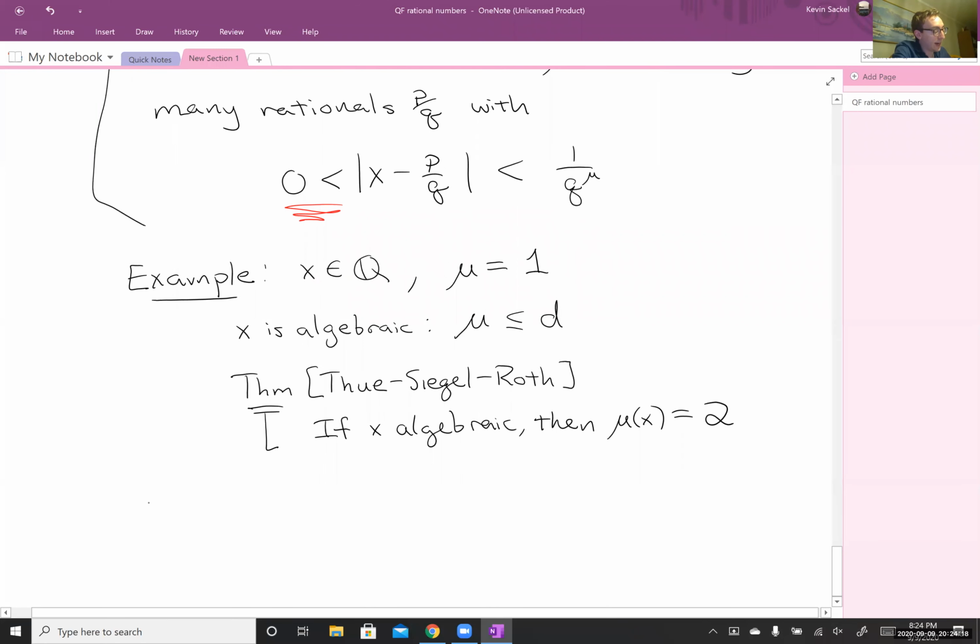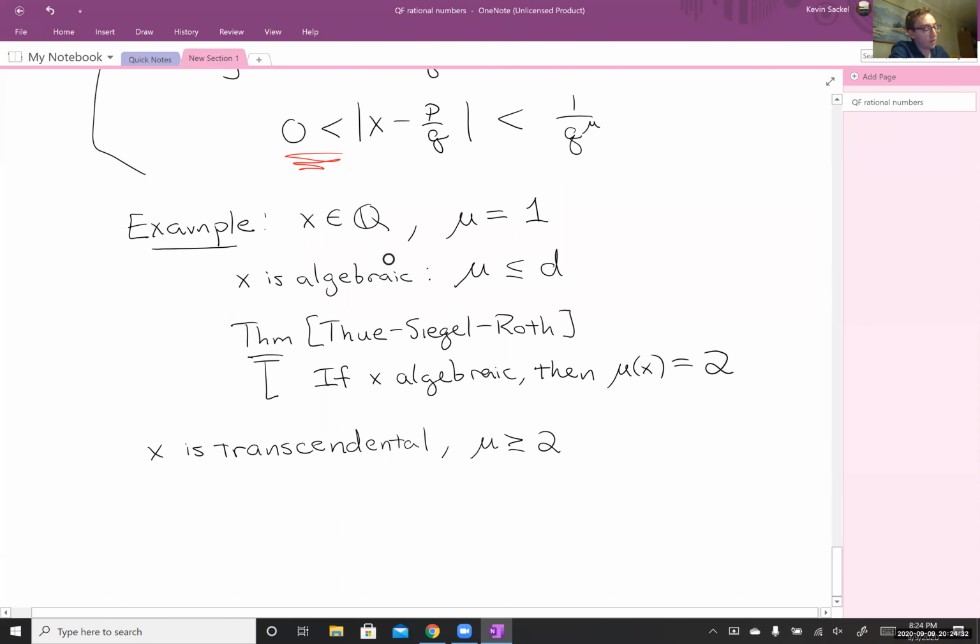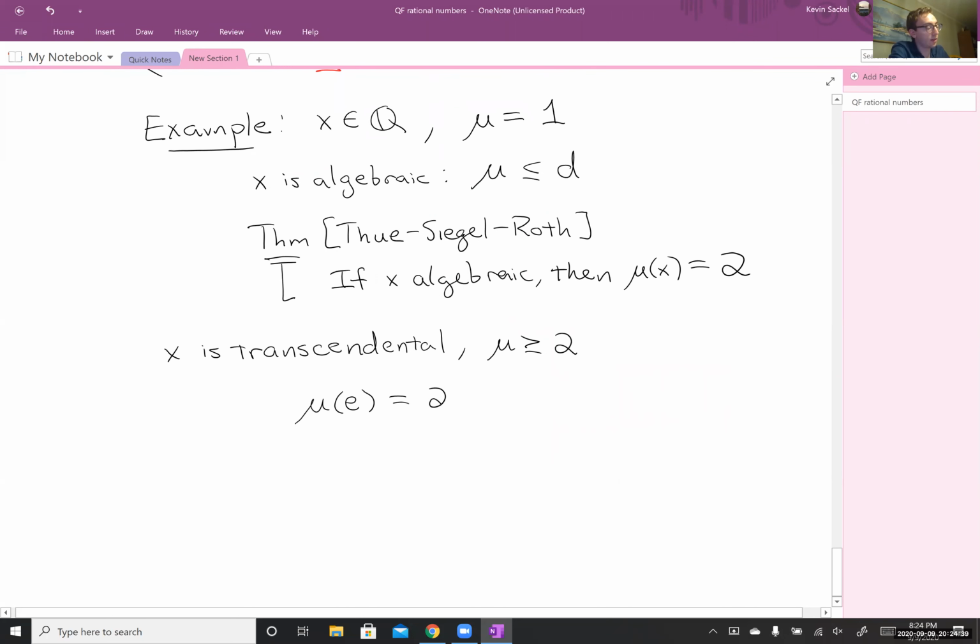However, if x is transcendental, then mu is greater than or equal to 2. As two examples, one can compute that mu of e is equal to 2. So e is pretty poorly approximated by rational numbers, whereas a rephrasing of what we said before with regards to Liouville's constant is that mu of lambda equals infinity.